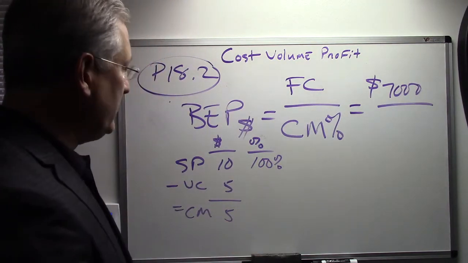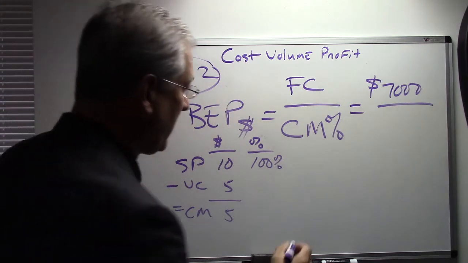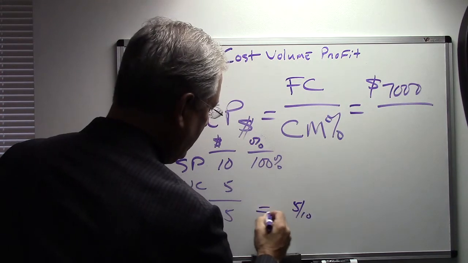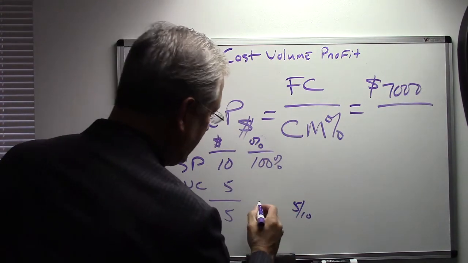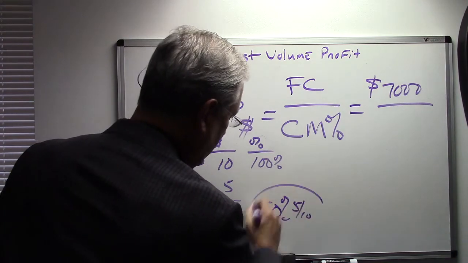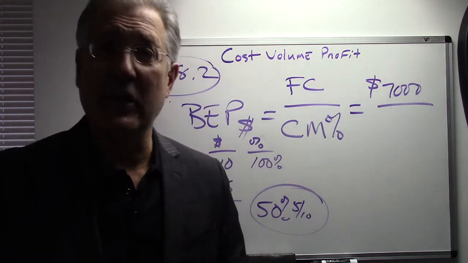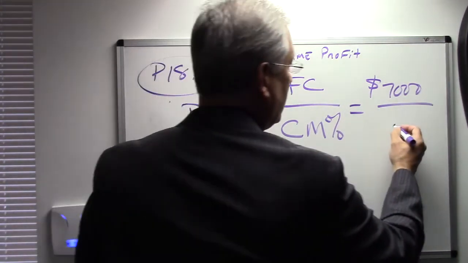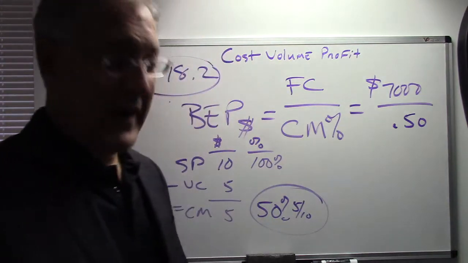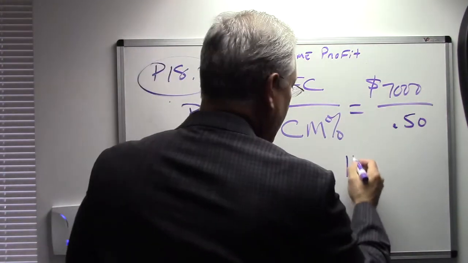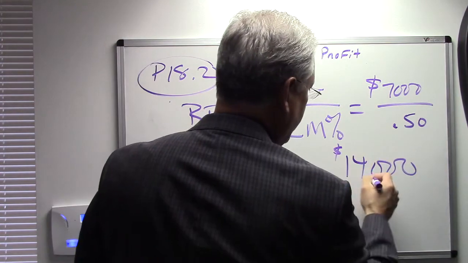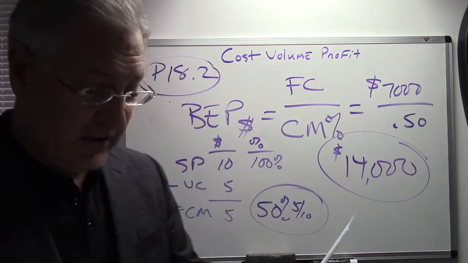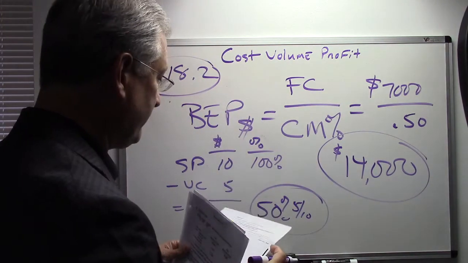So the contribution margin ratio is the contribution margin divided by sales, 5 divided by 10, which is 50%. Divided by 0.50, they have $14,000 in sales to break even. The break-even point in sales dollars is $14,000.